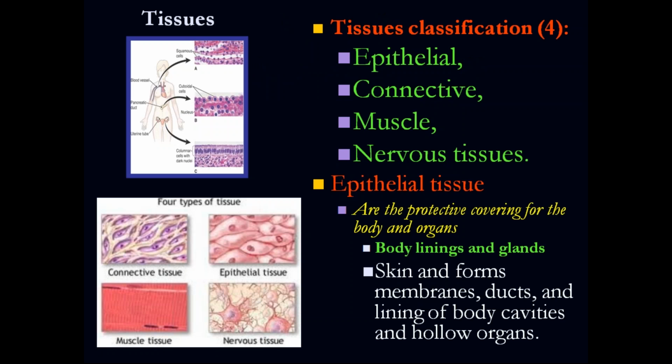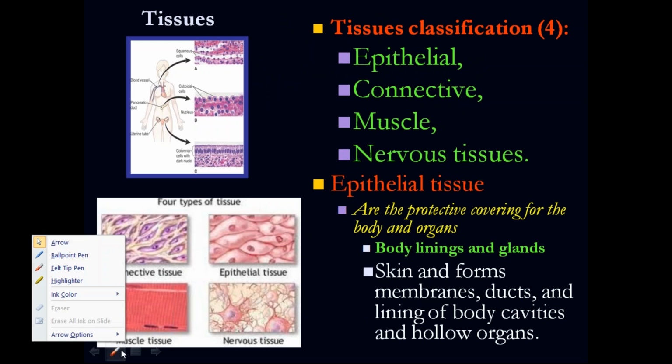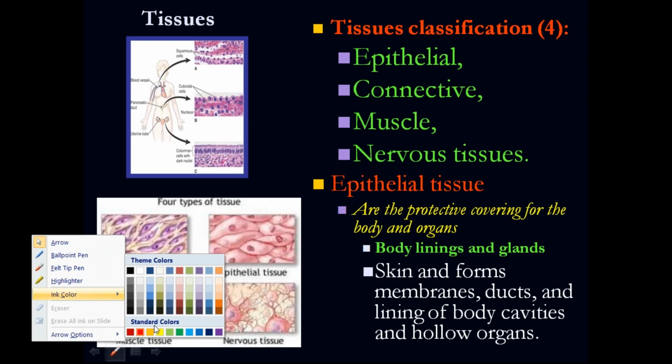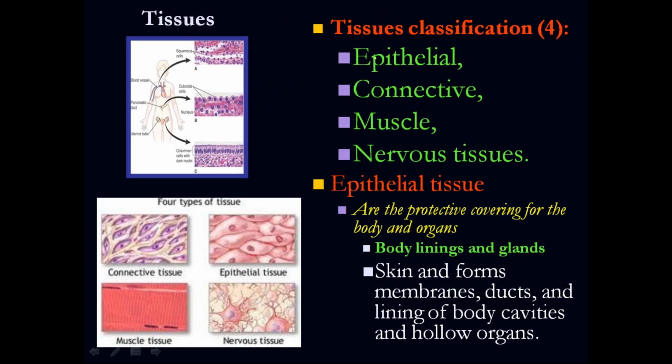All right. So now here we need to remember we are talking about what? We are talking about the tissue classification, right? Tissue classification is how many tissues we have. 1, 2, 3, 4, right? Epithelial tissue. The one I want you to remember is what? The pseudostratified epithelium, right?